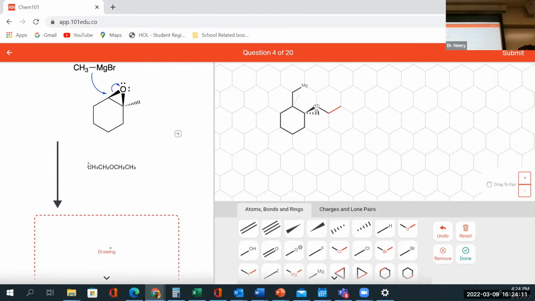And we also have diethyl ether here as well. So the diethyl ether, you guys are saying it's going to react with the oxygen.